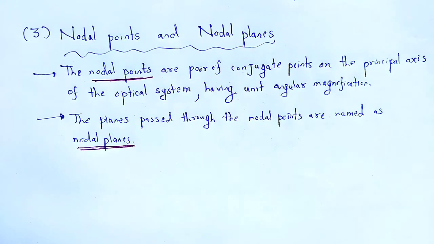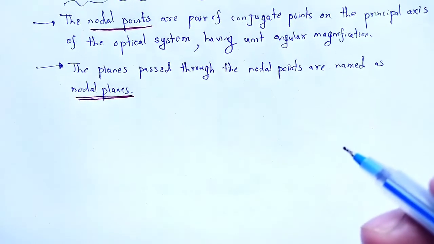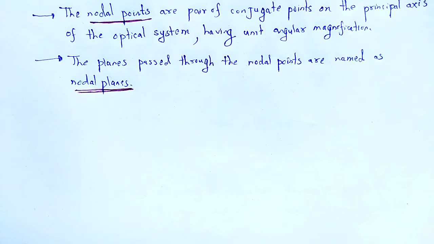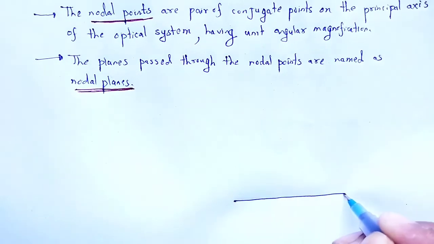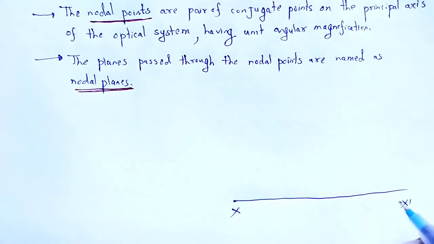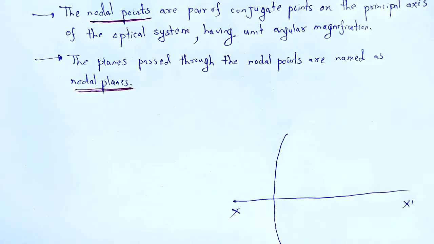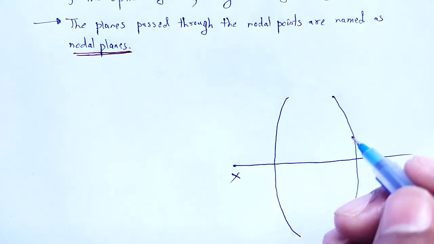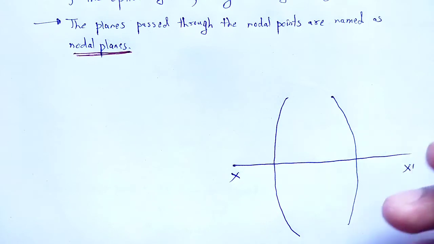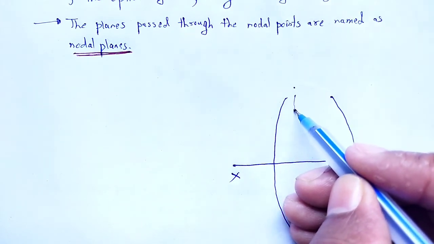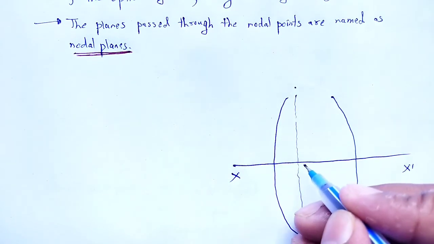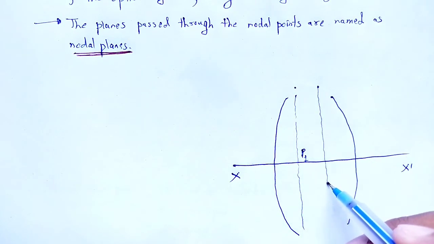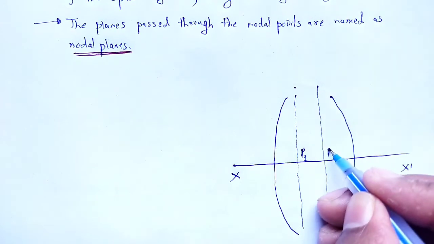Let me explain. Again we consider a convergent coaxial optical system, with the first principal point and first principal plane, and the second principal point and second principal plane.